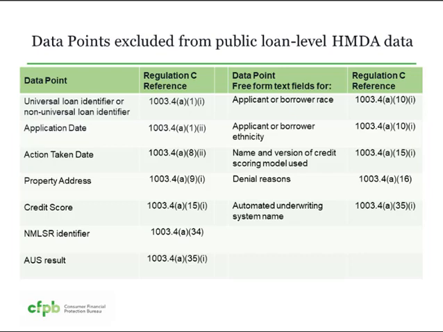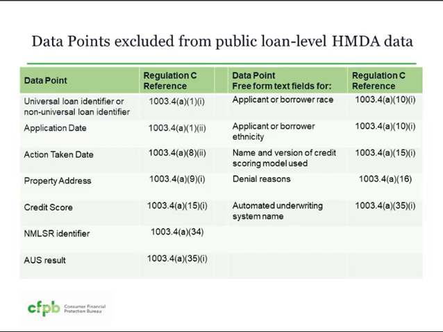The Bureau intends to exclude the following from the public loan level HMDA data: Universal Loan Identifier or Non-Universal Loan Identifier, Application Date, Action Taken Date, Property Address, Credit Score, Mortgage Loan Originator NMLSR Identifier, Automated Underwriting System Result, and free-form text fields for the following data: ethnicity, race, credit scoring model name and version, denial reason or reasons, automated underwriting system name.